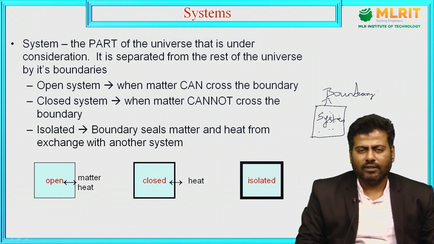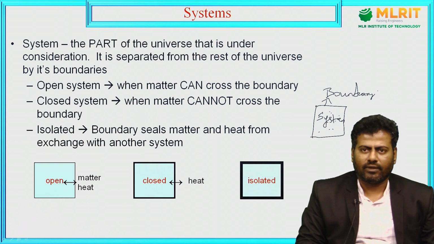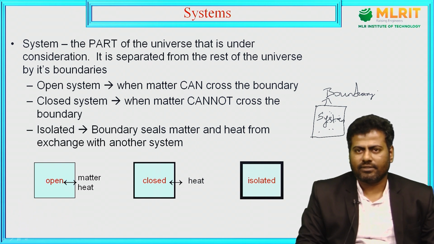In that, what kinds of systems do we have? Based upon energy and mass transfer we have three categories. One is the open system, another is the closed system, and the last one is the isolated system.